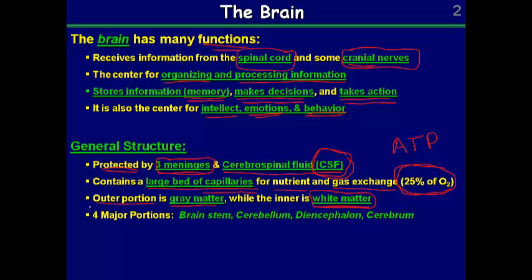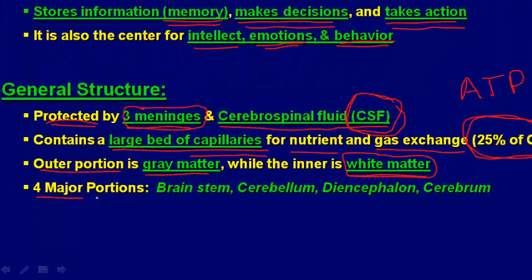Okay, in the next video we're going to start our discussions on different regions of the brain. There's really 4 major portions or regions, and then for each of these regions we have to get more specific. Some of these regions have subregions, and these subregions each have their own function.